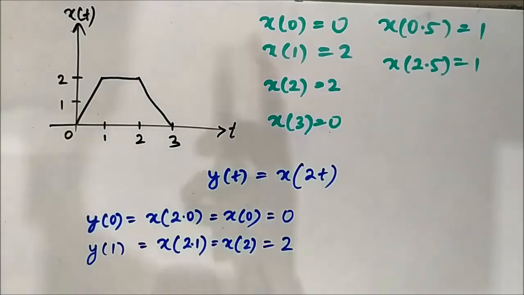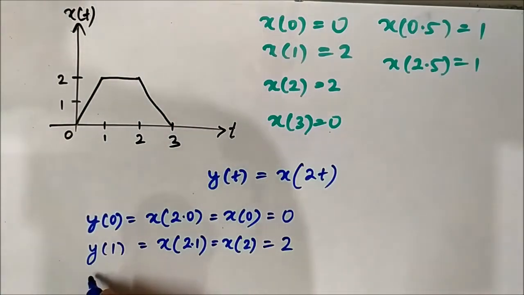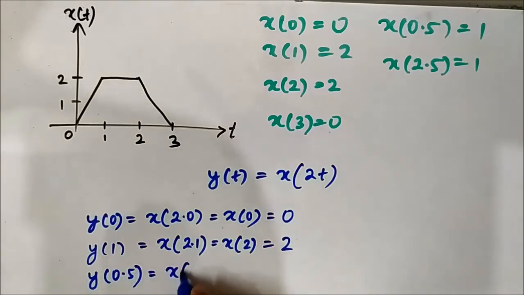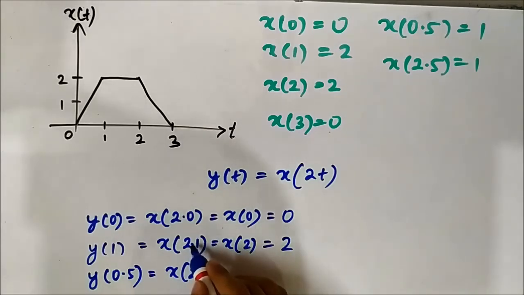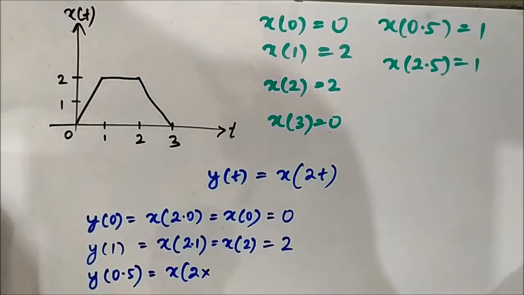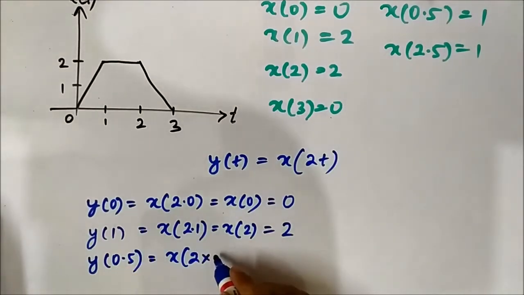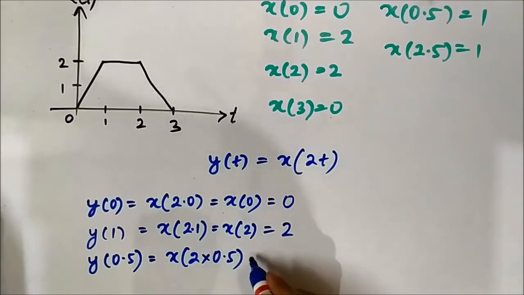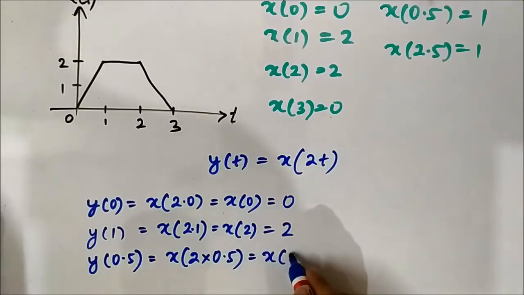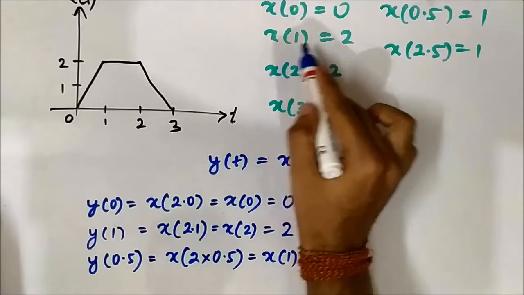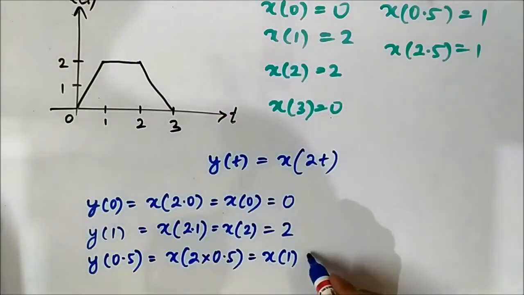So now suppose, let's say we select t as 0.5. y(0.5) will be x(2 into 0.5). Here the dot stands for multiplication, and as there is already a point coming, in order to avoid confusion, I will use this 2 into 0.5, which will be x(1). x(1) is 2.